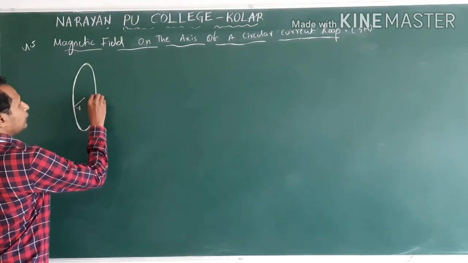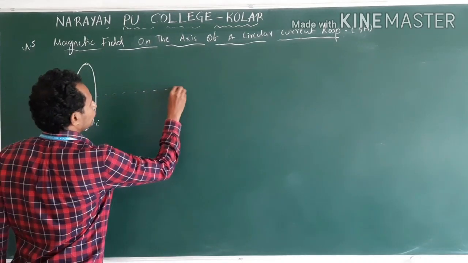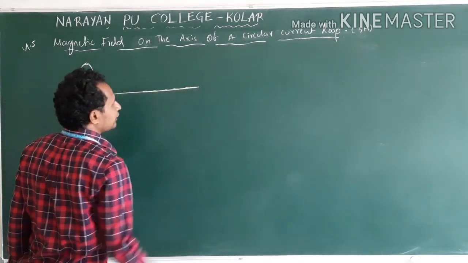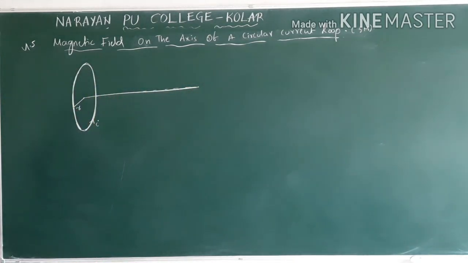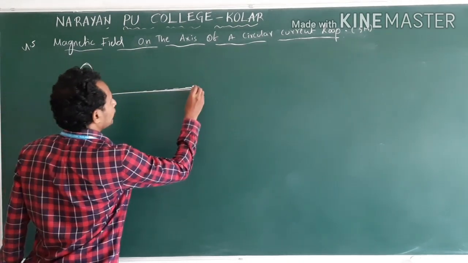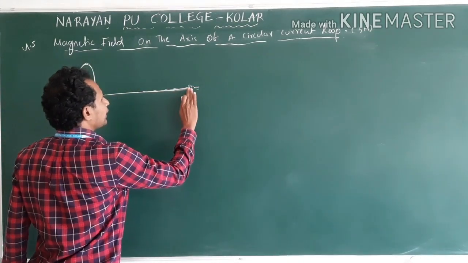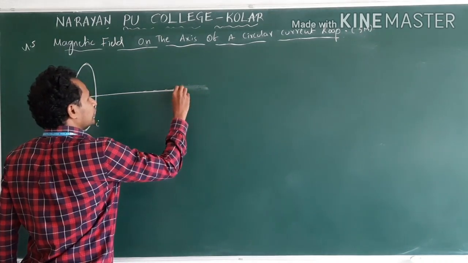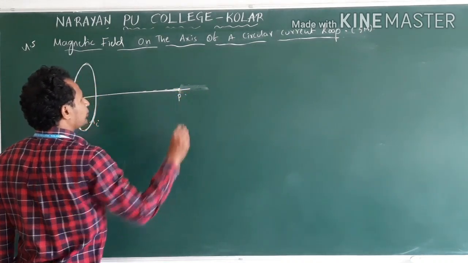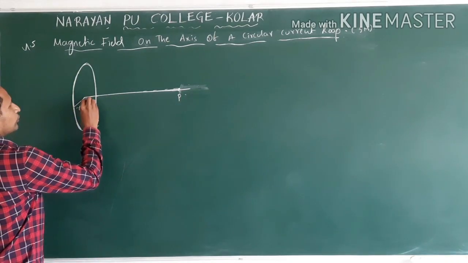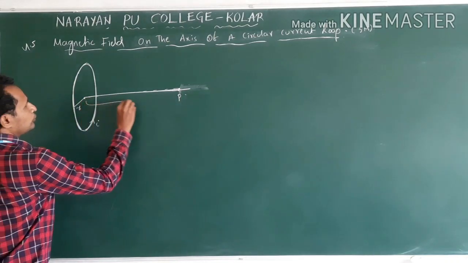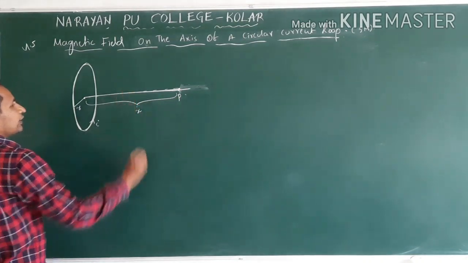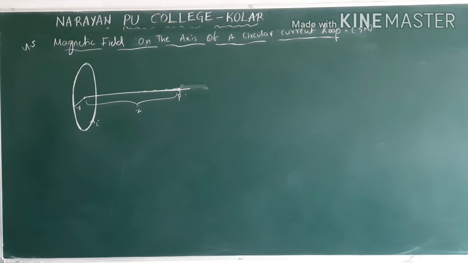Now the line passing through the center is the axis of this loop. Now take one point on the axis, let us say this is point P. The distance from the center to point P, let us say, is x. Clear?